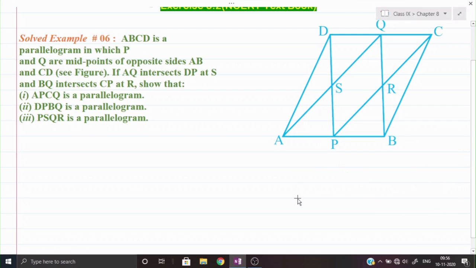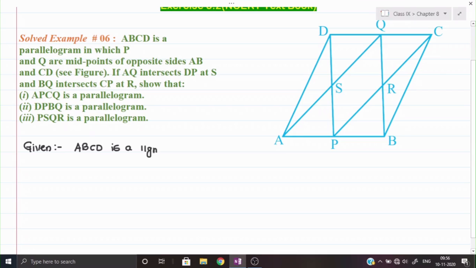So first we are writing the given. What is given in this question? In the given we have, first, ABCD is a parallelogram.